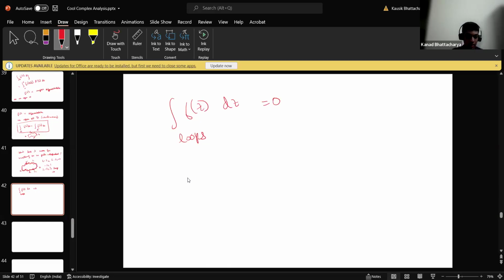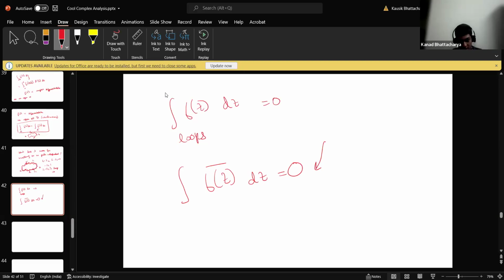Okay, so here's what we're going to do. We're going to take the complex conjugate of this expression, and we're going to try to prove this. Do you see why these two are related? If we prove this, we get that.